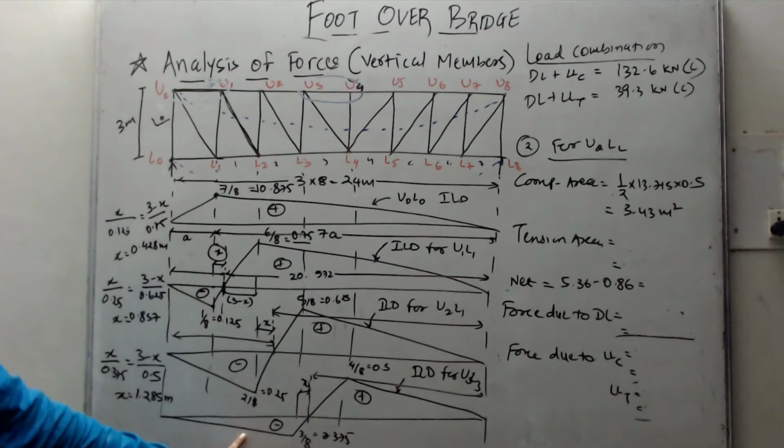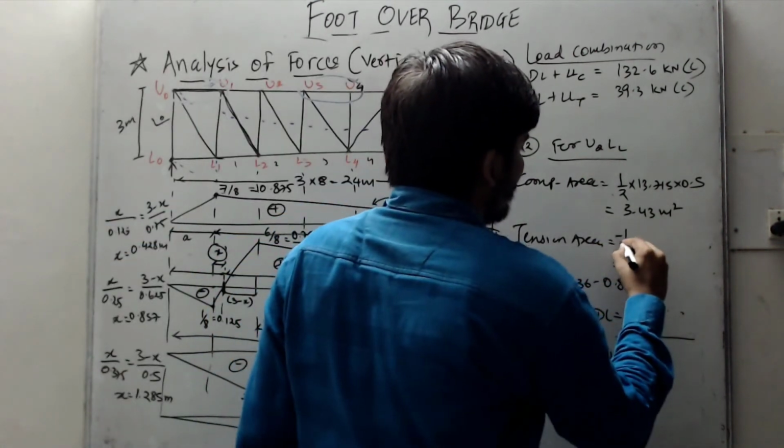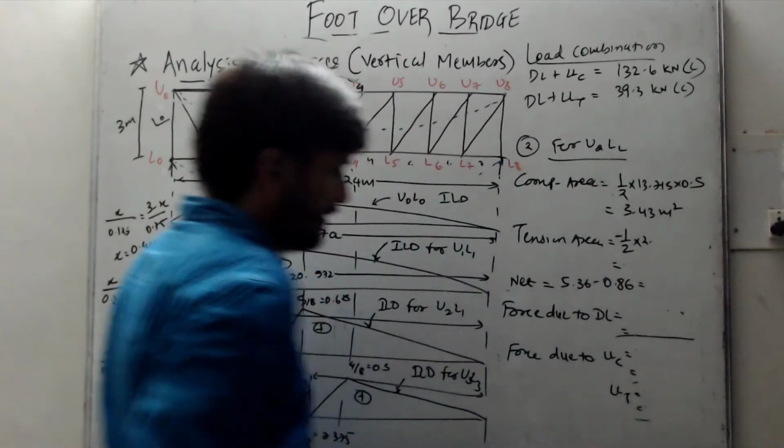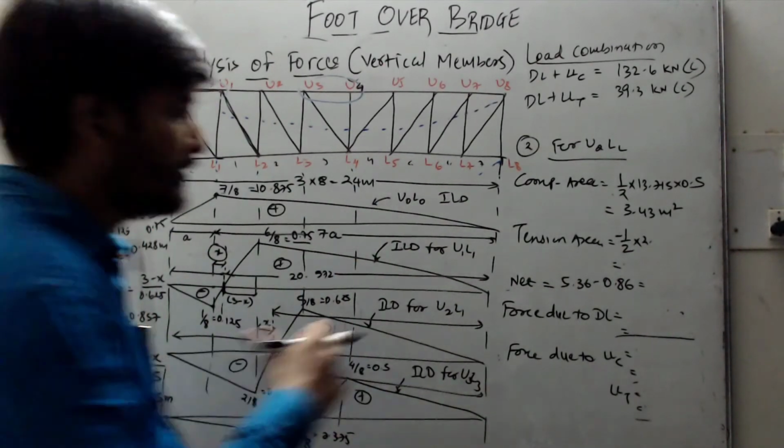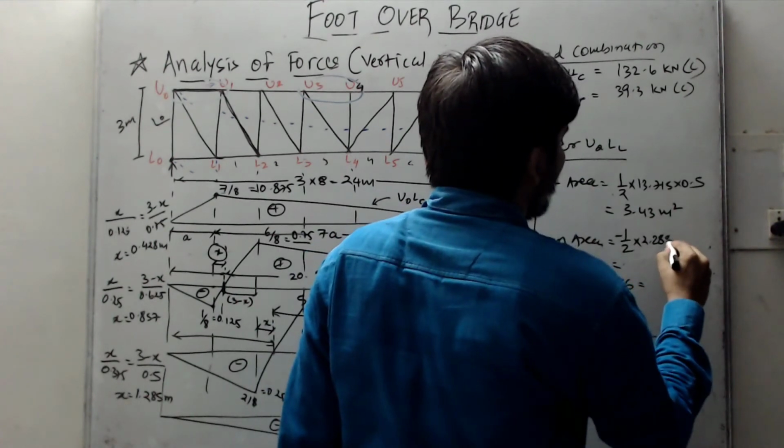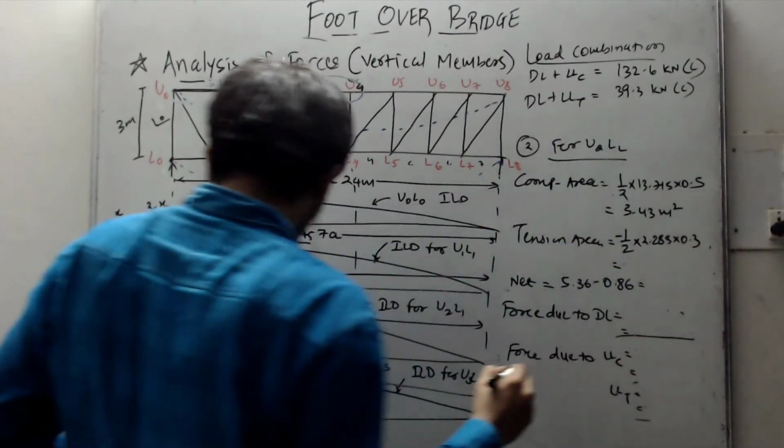Similarly, I need to calculate the area of this bottom triangle over here. So minus 1/2 multiplied by 2.285 multiplied by 0.375.